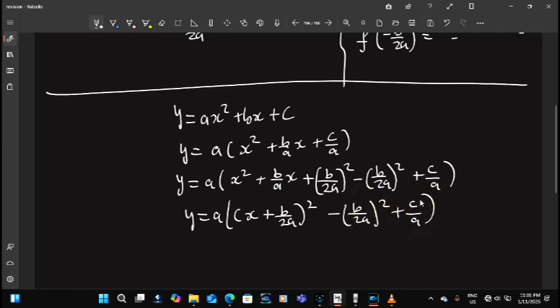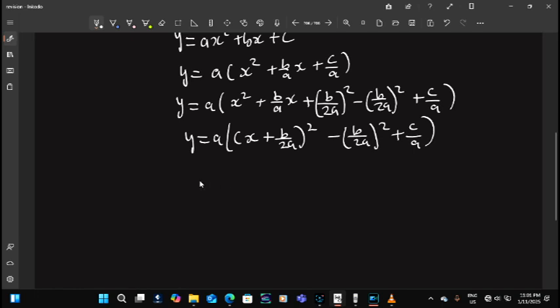Right, so now I can multiply everything by a. Let me simplify this first.